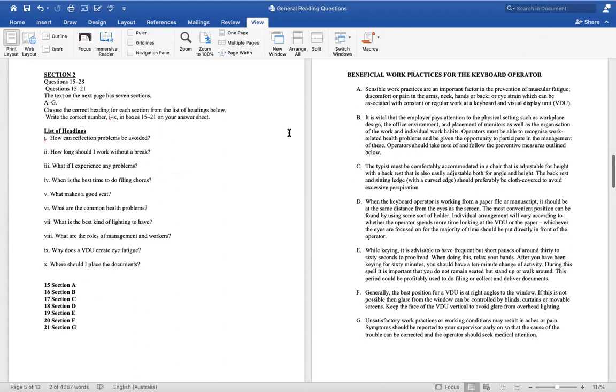The sections are A, B, C, D, E, F, G, so there are 7 sections, and these are the headings given. You'll have to match the headings to the passage. What heading would you give section 1? The answer has to be written in Roman numerals 1 to 10. That should be your answer.